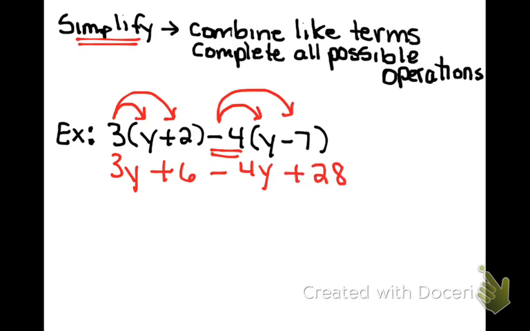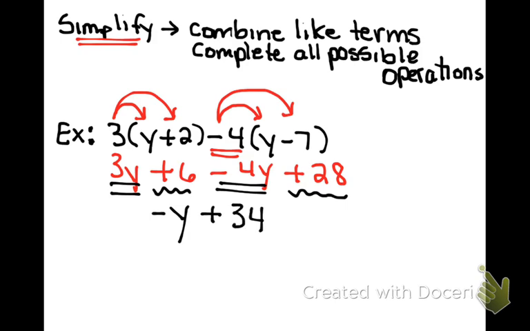Then we're going to combine like terms, or you could group them together. If I combine my like terms, I might say 3y plus a negative 4y is negative y. We don't need the coefficient of 1 in front. And then 6 plus 28, we end up getting 34. And that's as simplified as we can get our answer.